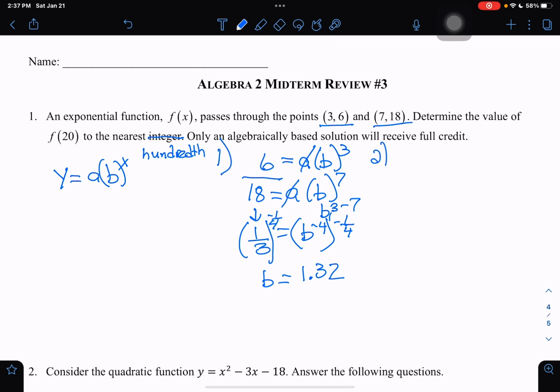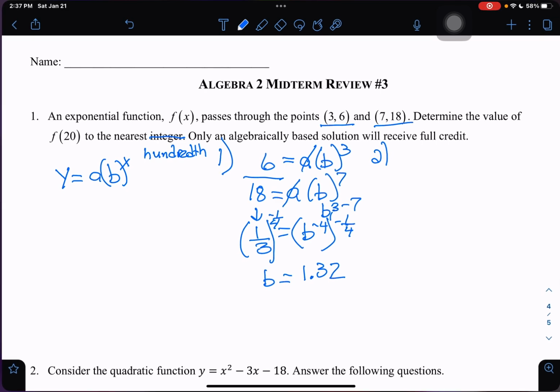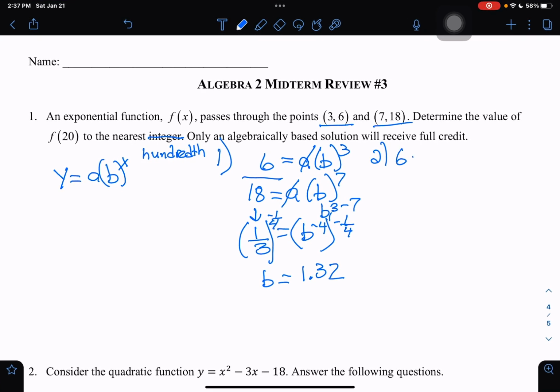Second step, we can take either point and plug it in for x and y, and we can solve for a, because now we know what b is. I use (3, 6), so I have 6 = a times 1.32 raised to the third power. In your calculator, you can divide both sides by 1.32 raised to the third.